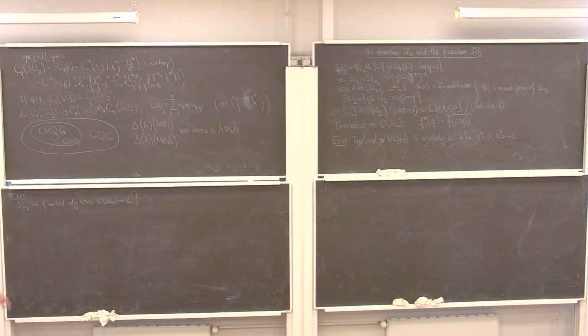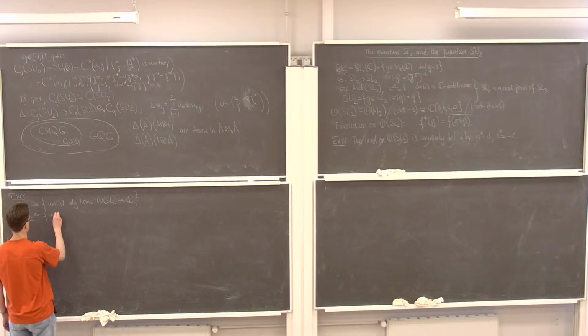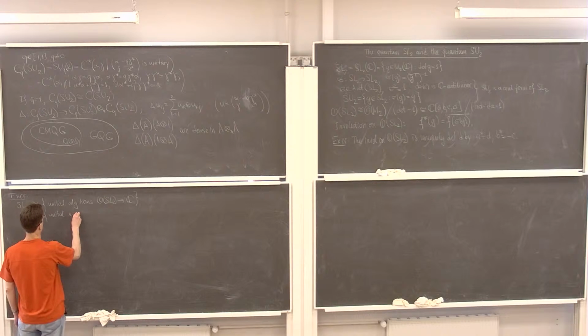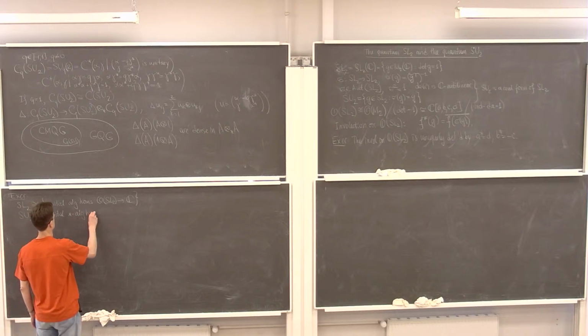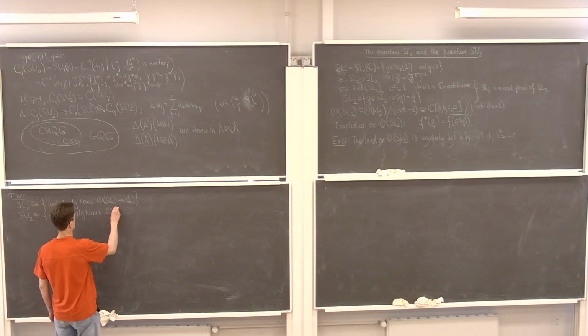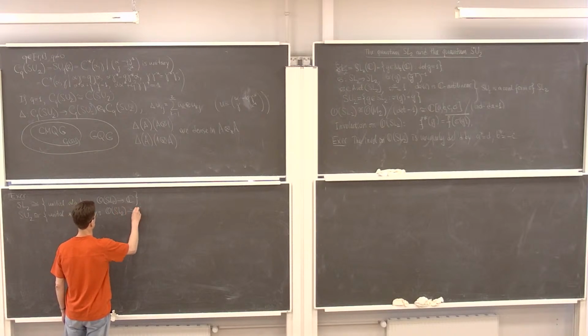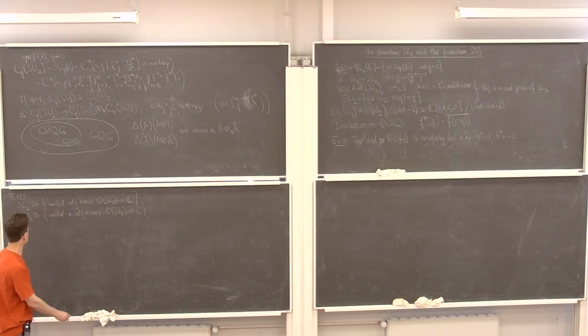Actually, every such homomorphism is just the evaluation map at a suitable point of SL2. On the other hand, SU2 consists of all star characters, of all unital star algebra homomorphisms from our algebra to the complex numbers. So both SL2 and SU2 can be reconstructed from our algebra of regular functions.